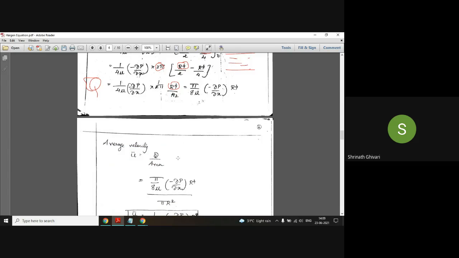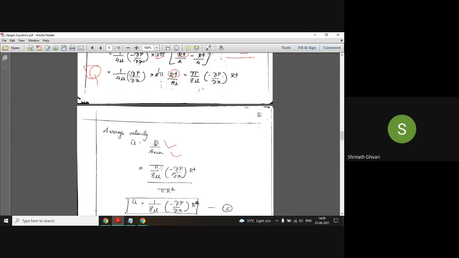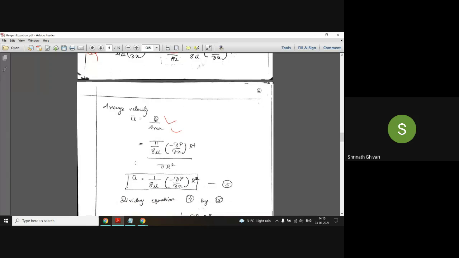So pi by 8 mu minus dou p by dou x into R raised to 4, divided by area, which is pi R square. When you substitute, pi and pi get cancelled, and R raised to 4 by R square leaves R square. So what will remain? 1 by 8 mu minus dou p by dou x into R square. This is the final equation for average velocity.